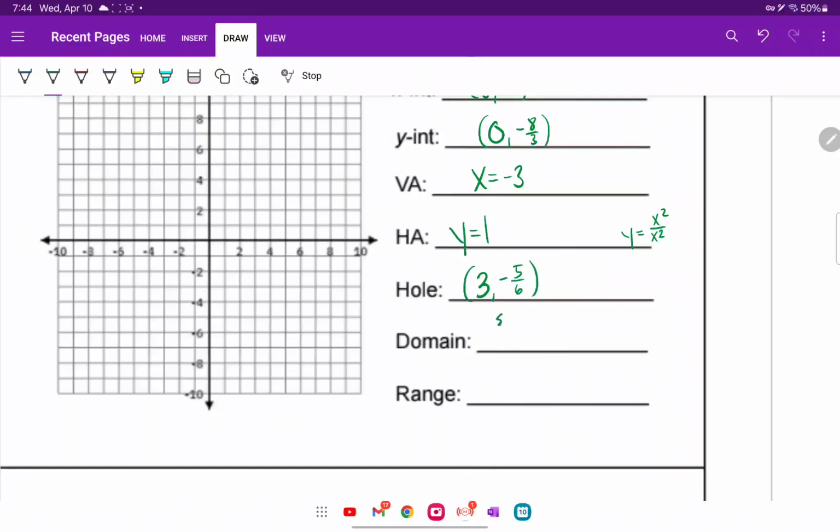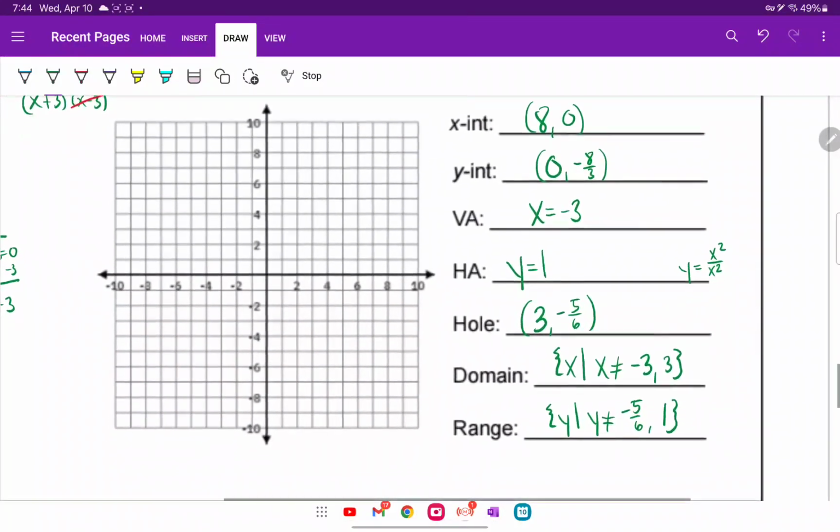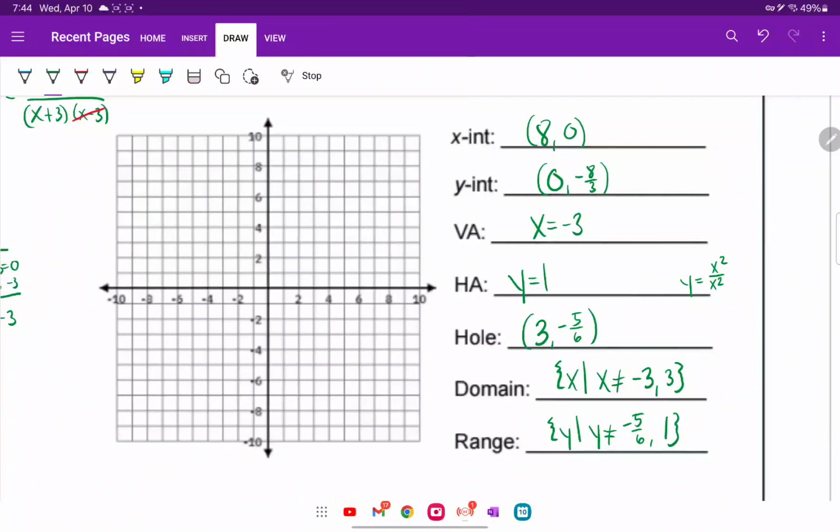Our domain, x cannot equal the vertical asymptote, -3, and the x value of the hole, 3. And for our range, y cannot equal horizontal asymptote, which is 1, and the y value of the hole, which is -5/6. And now let's go to make our graph. Okay, so our asymptotes were at x equals -3.